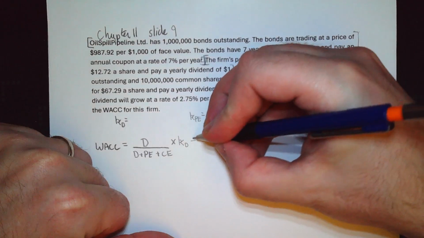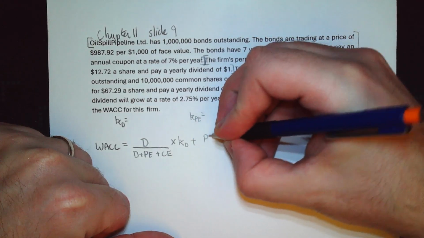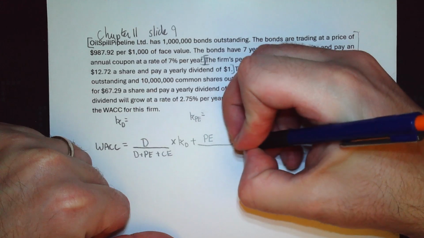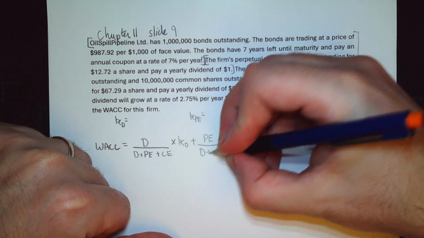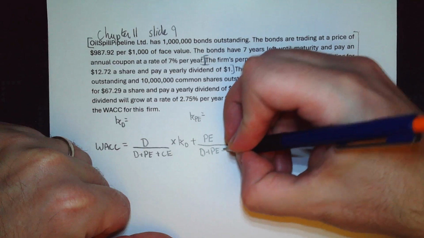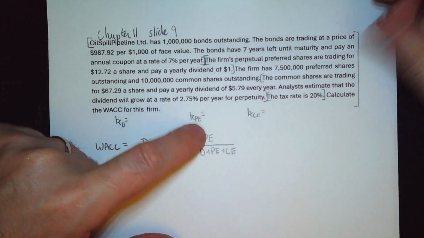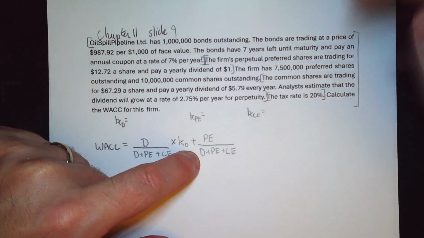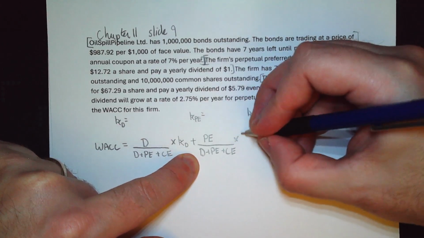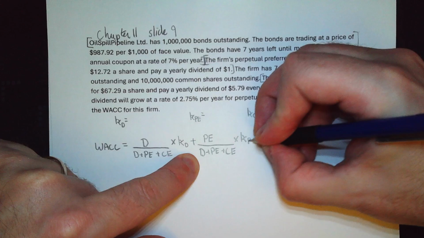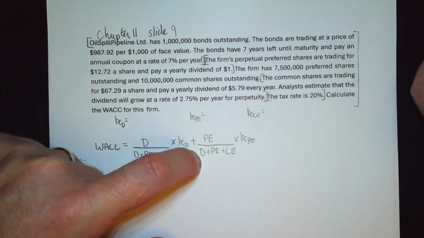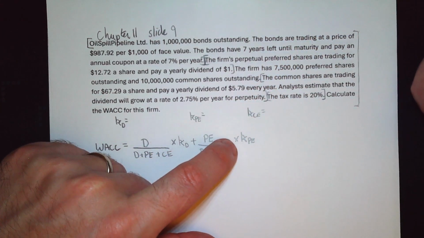Then I do the same thing, but for preferred equity instead of debt. So I find the market value of my preferred equity divided by the market value of the firm, and I multiply this by the required return that my investors in preferred equity want to get.